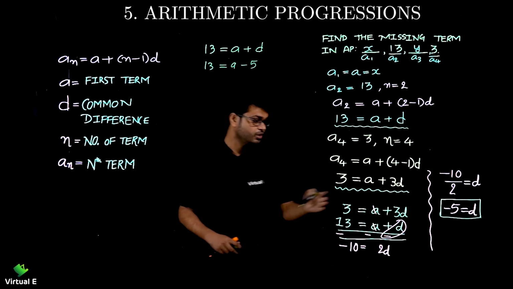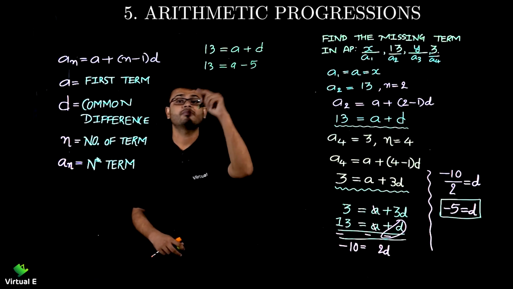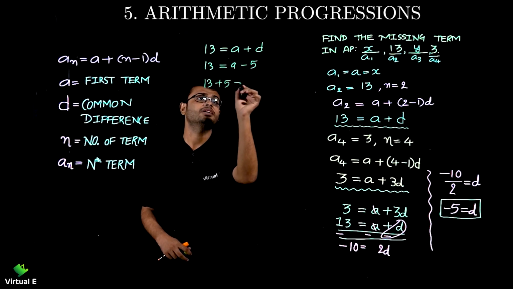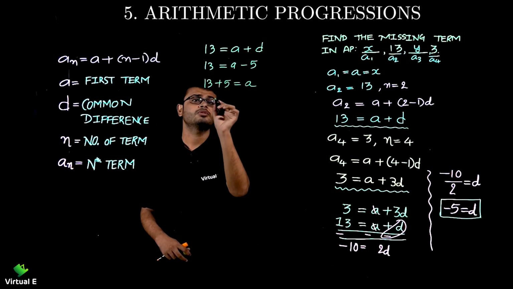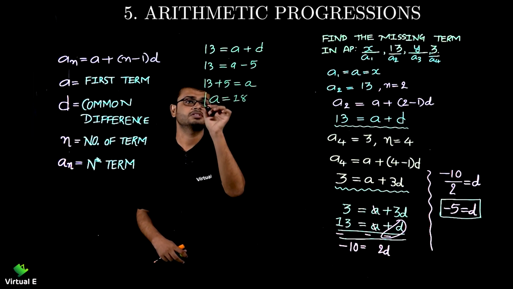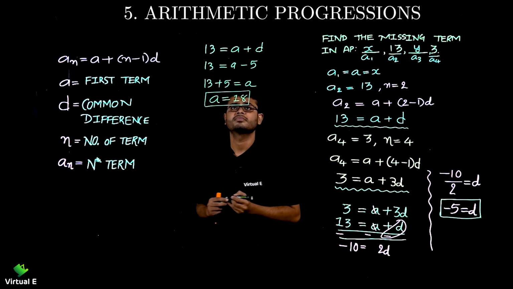Why minus 5? Because the value of d is minus 5. So let's shift it over here. That will become positive. So 13 plus 5 is equal to a. So what is the value of a? It is 18. This is my value of a, or the first term, right?